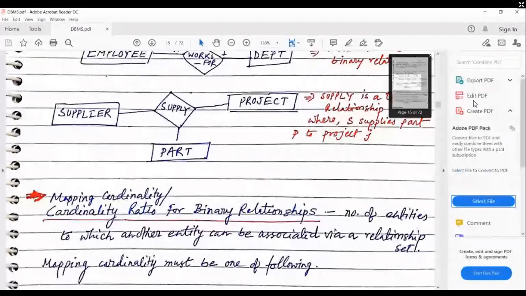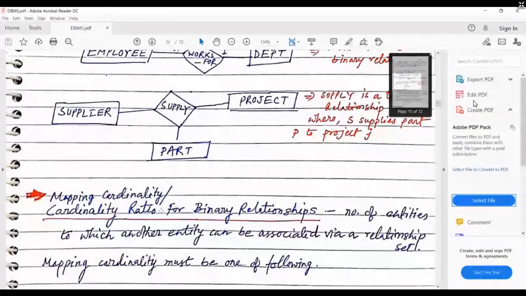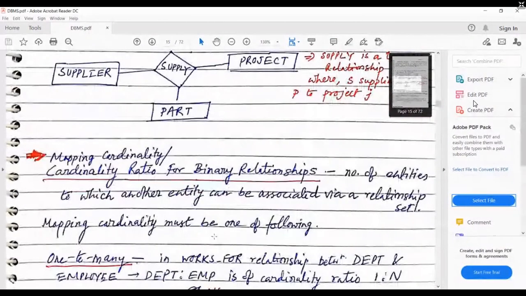Now next one is the mapping cardinalities. Now it is very much important, listen to it carefully. The one thing I can say to you, the notes that I have shared with you, I have taken from different books, sometimes from Korth or some parts from Navathe, because all the parts are not in a single book.